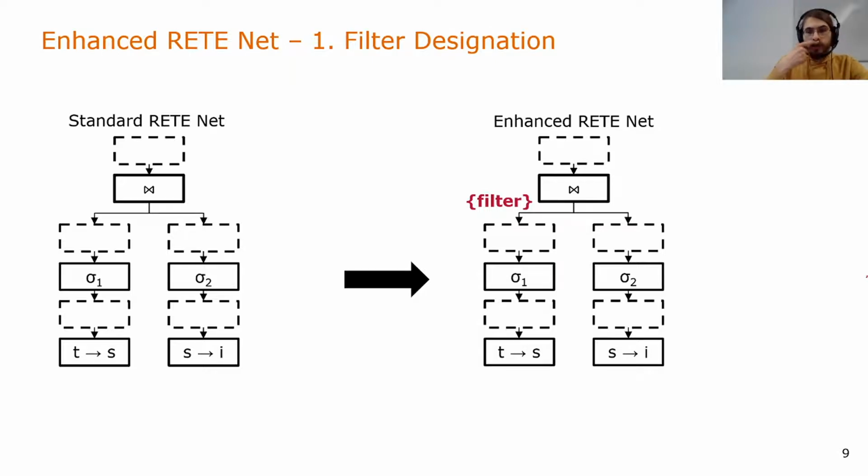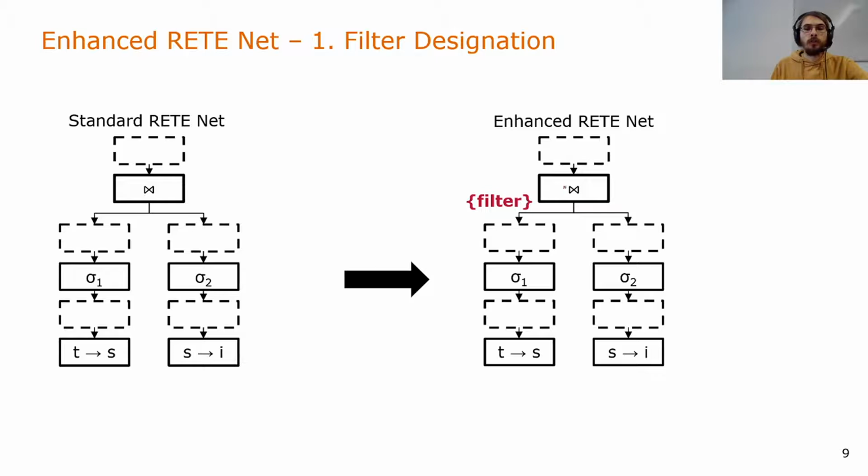Our adaptation or enhancement is based on the observation that one dependency of a join node in a Rete net can effectively act as a filter for the intermediate results that have to be computed in the other side of the join. The reason being that the join only composes pairs of compatible intermediate results.